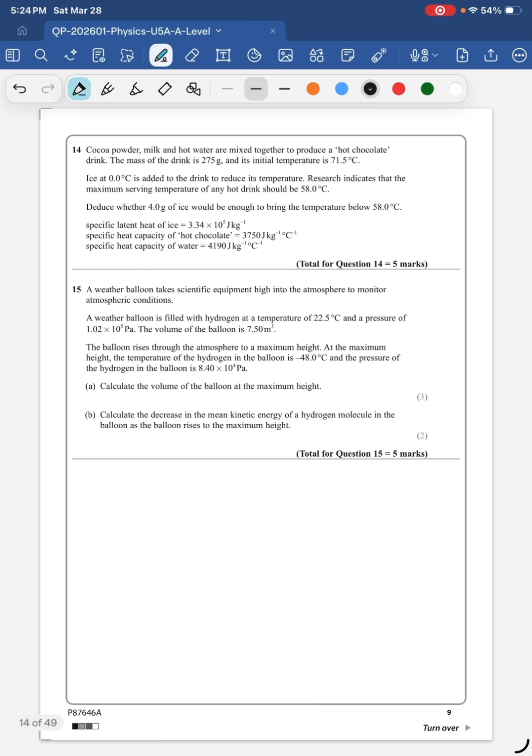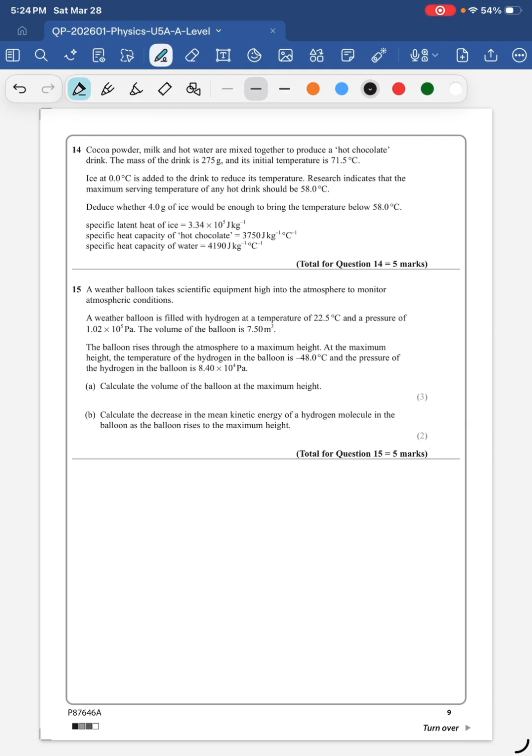Right. Question 14. Cocoa powder, milk, and hot water are mixed together to produce a hot chocolate drink. The mass of the drink is 275 grams and its initial temperature is 71.5 degrees Celsius. Ice at 0 degrees Celsius is added to the drink to reduce its temperature. Research indicates that the maximum serving temperature of any hot drink should be 58 degrees Celsius.